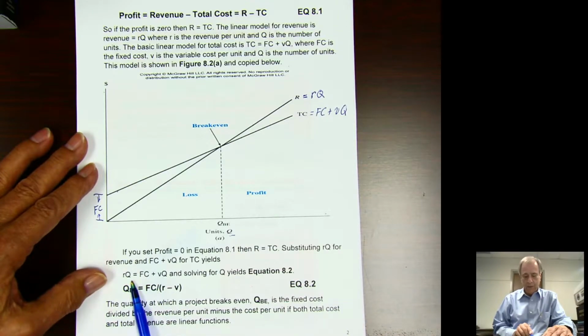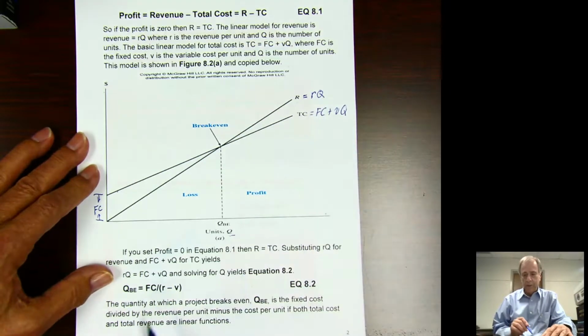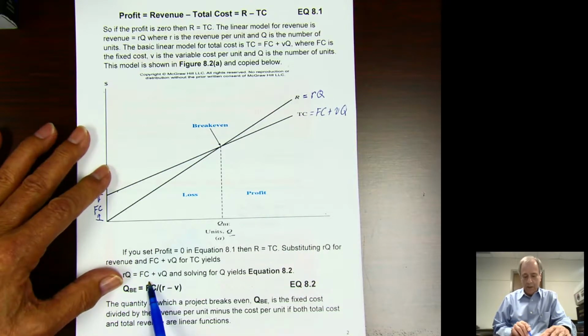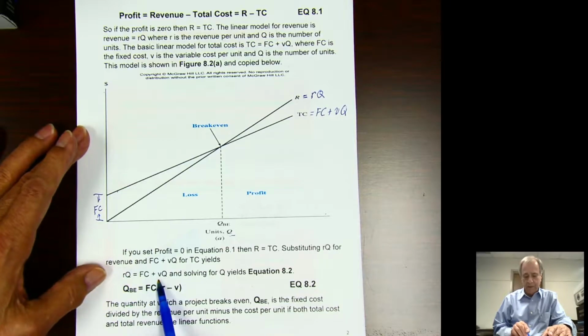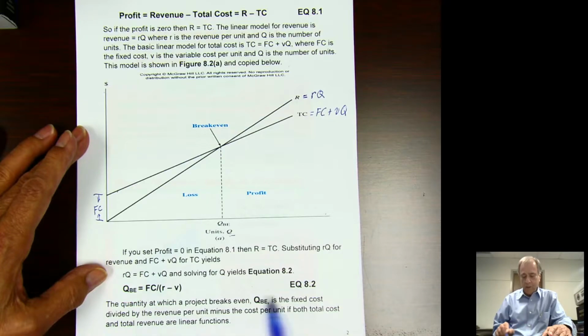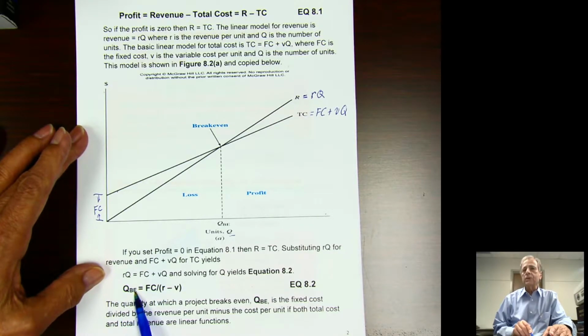This is total revenue R, which is little r times Q, and total cost is the fixed cost plus the variable cost per unit times the quantity Q. And if you solve that equation, you get the break-even point, QBE, which is the quantity at which the revenue equals the cost, or you break even, and is simply the fixed cost divided by the revenue per unit minus the cost per unit.